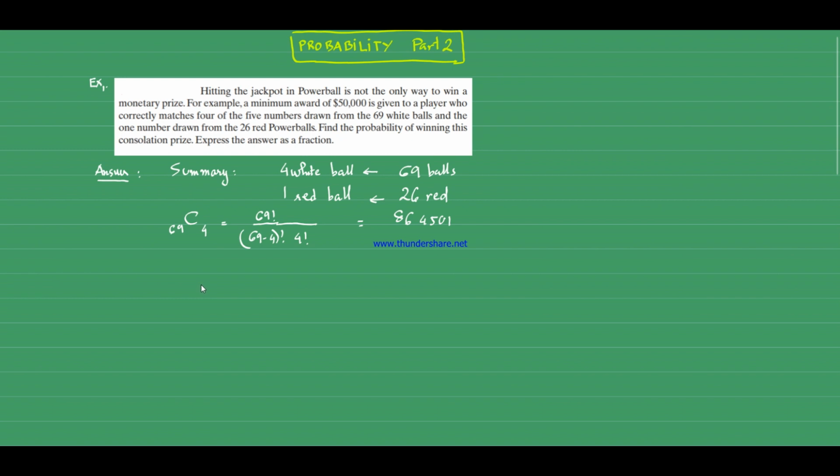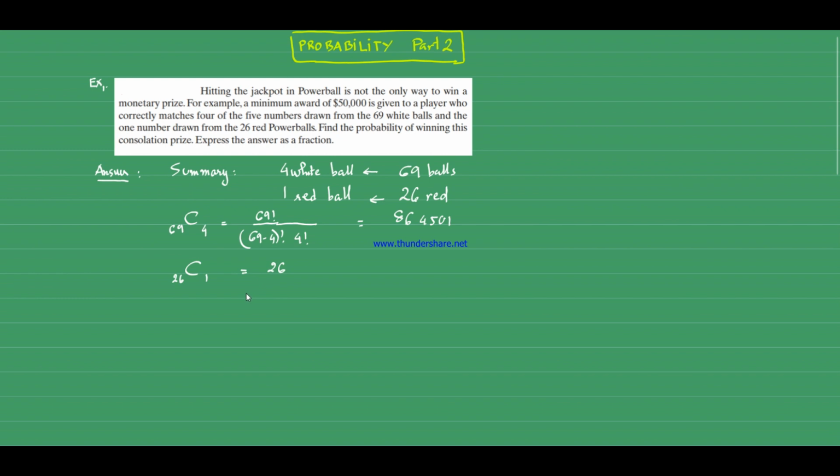And the last one we have C(26, 1). C(26, 1) is just 26. So we have 26 options to pick the red ball.